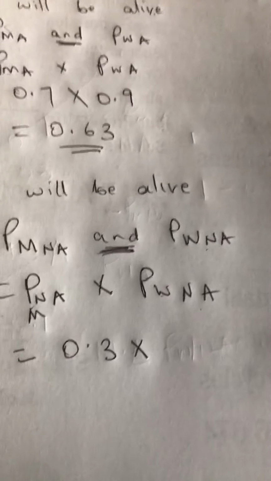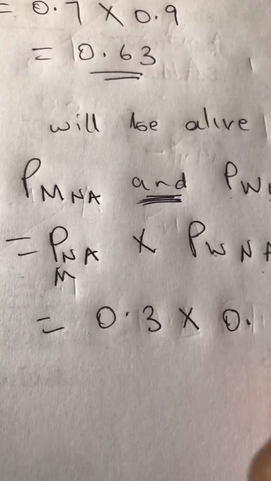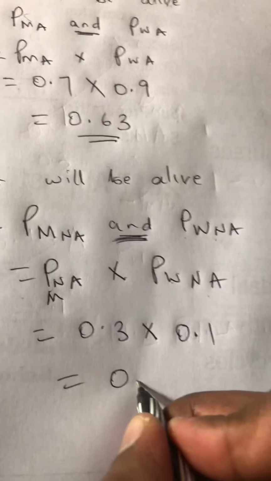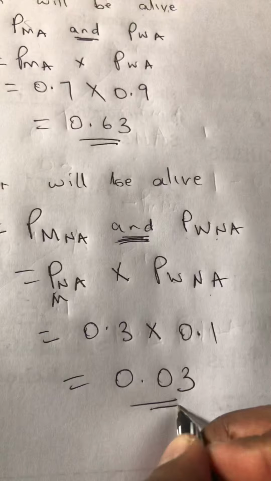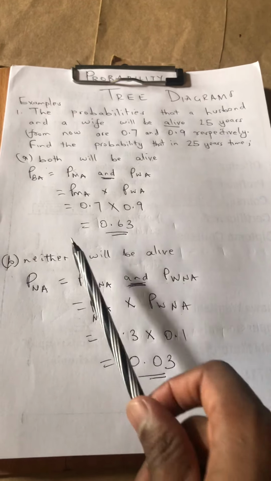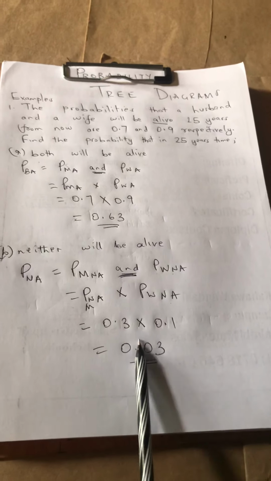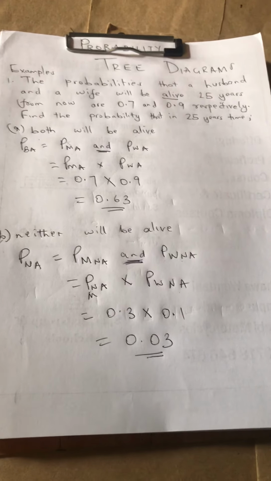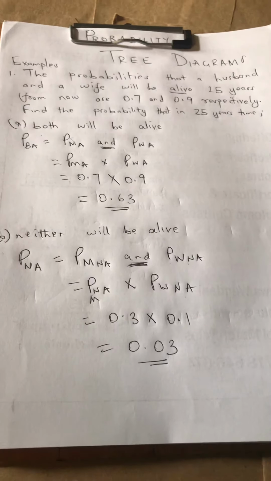So this will be 0.3 multiplied by 0.1. What do you get? 0.03. So the probability that in 25 years time neither will be alive is 0.03. Hapo sawa? Nice one. Let's do the last one.